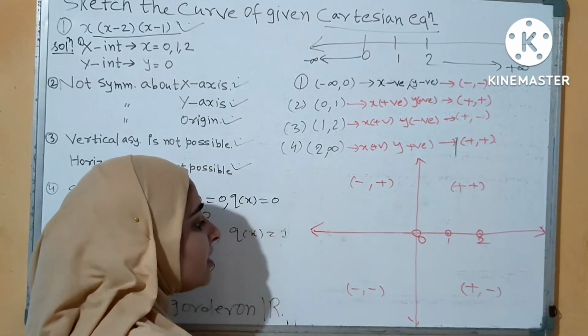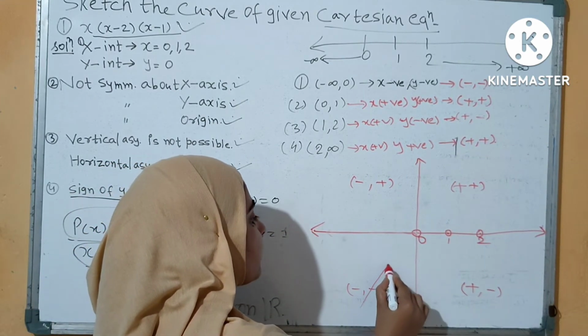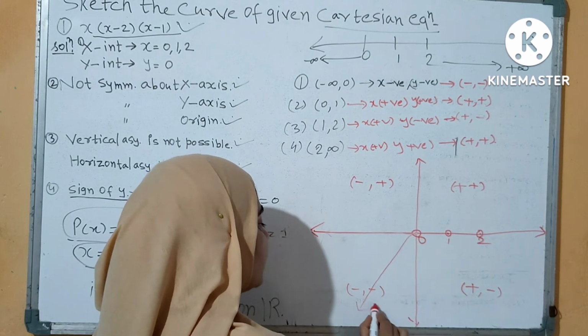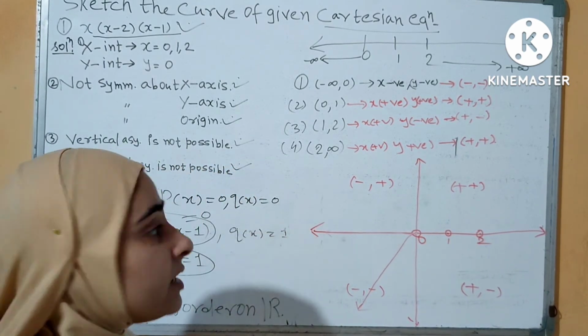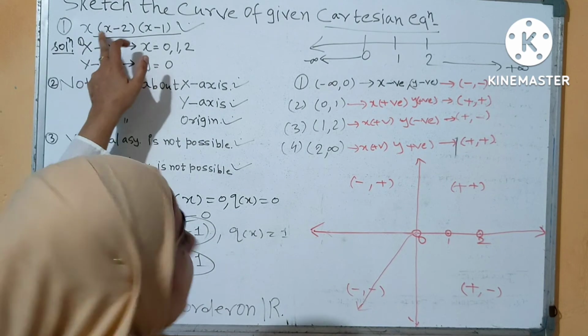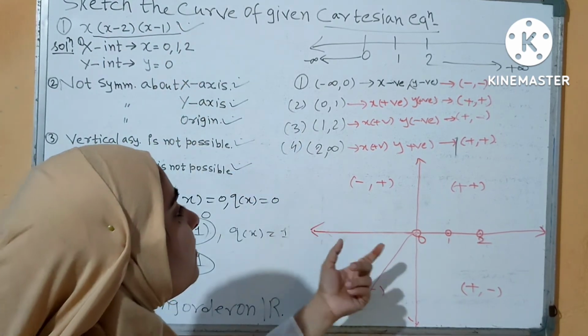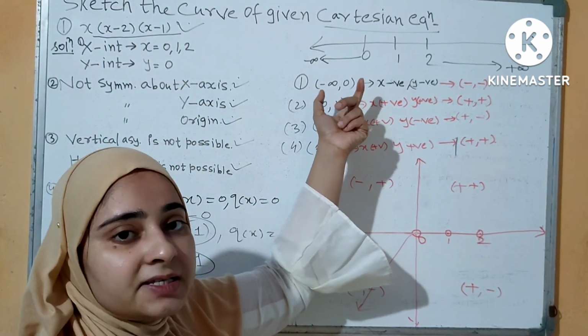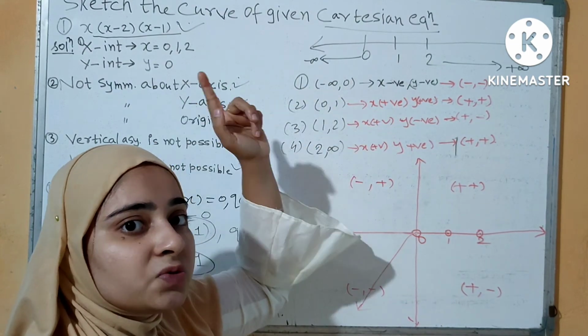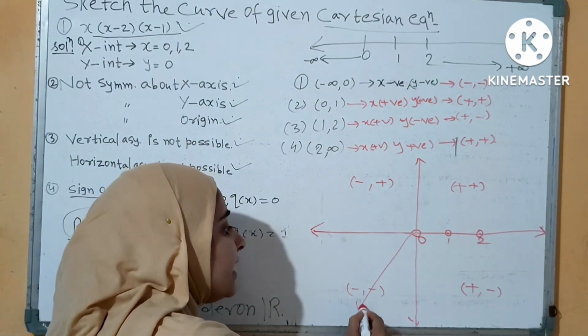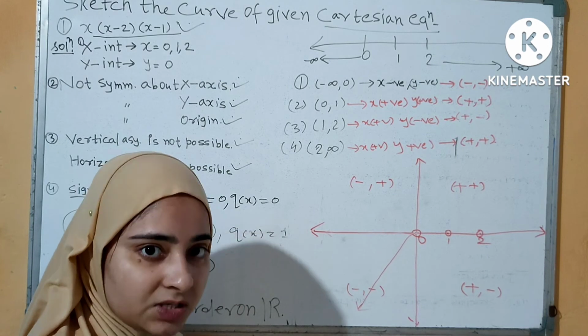That means your graph will come here. Right? Your graph will start from here. If you don't believe it, then you just put in the values from minus infinity to 0. Put minus 1, minus 2 and so on. You will get this kind of branch or this graph.